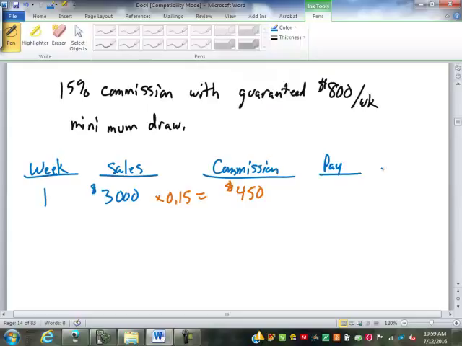How much are you going to get paid? $800, right? They said you're going to get you guaranteed $800 a week. You only earned $450, which means the other $350 of that is unearned. That portion is called a draw.